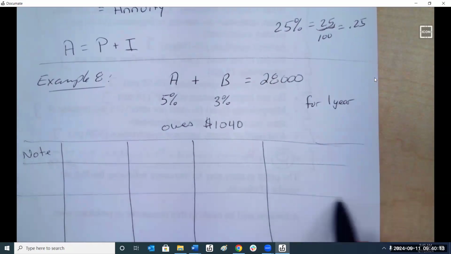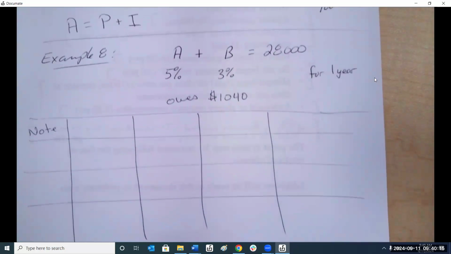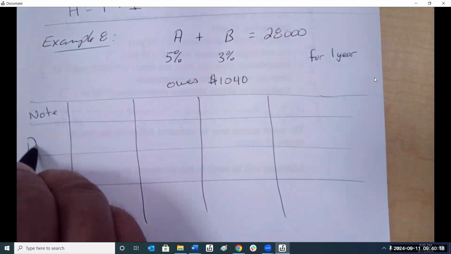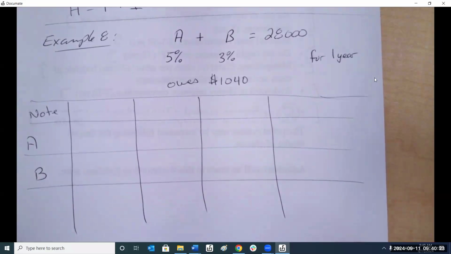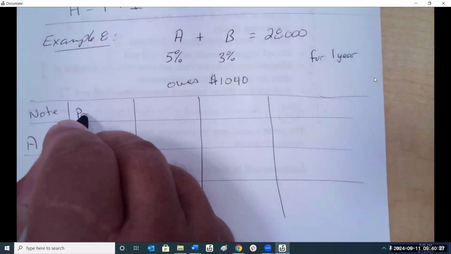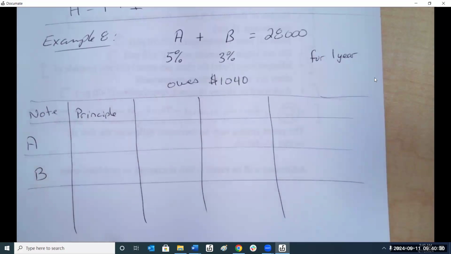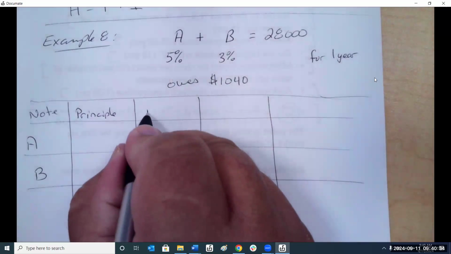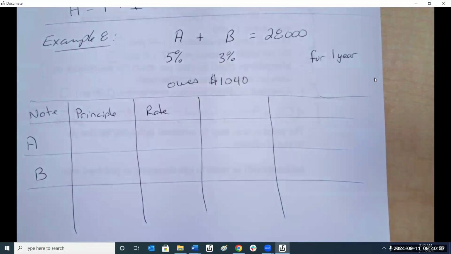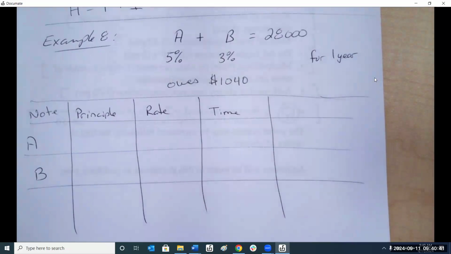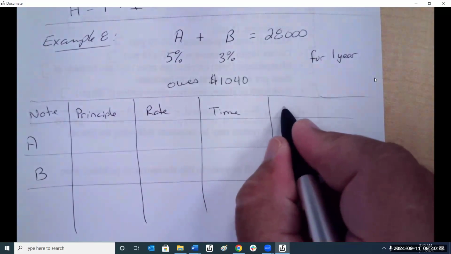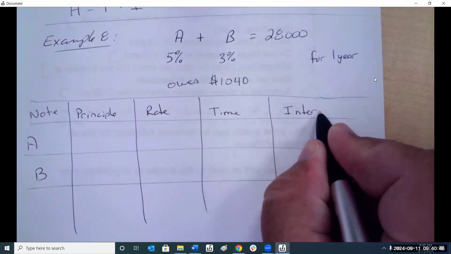Here's our note, so note A and note B. The principal, the amount borrowed. The rate. The time. This is the interest.